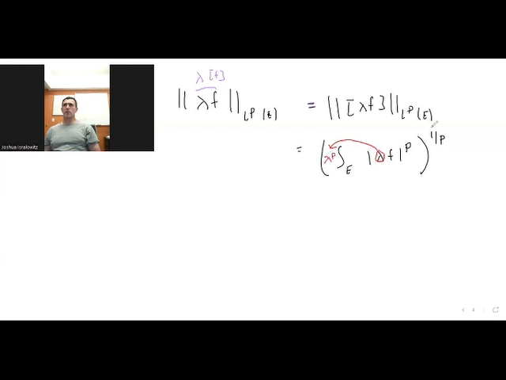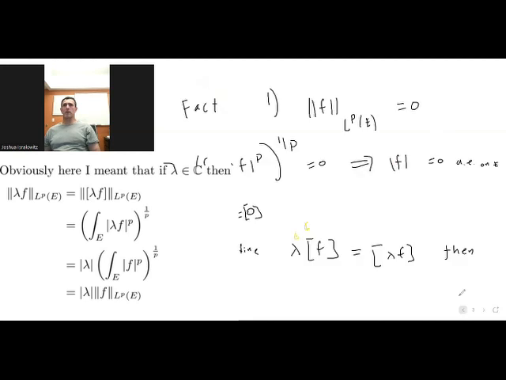I pull it out of the integral. The 1 over p gets rid of this p. So this is just simply, kind of trivially, lambda times the LP norm of f.